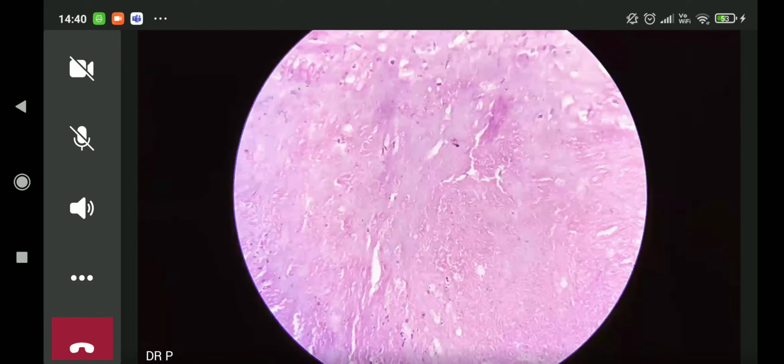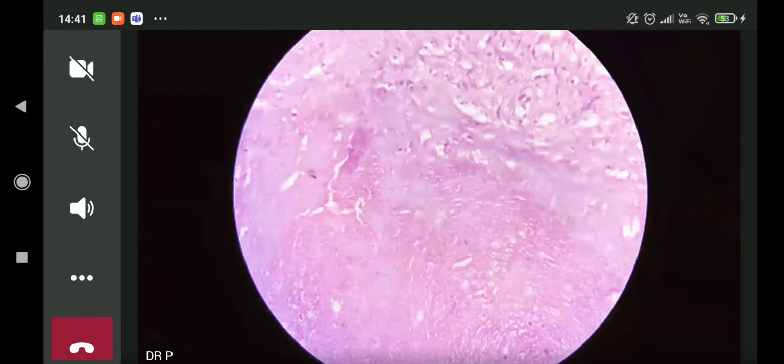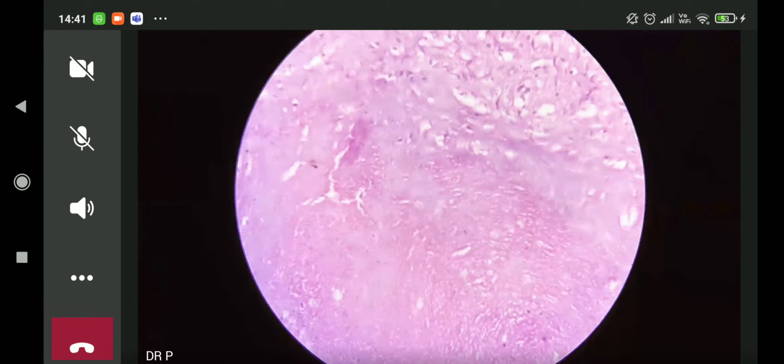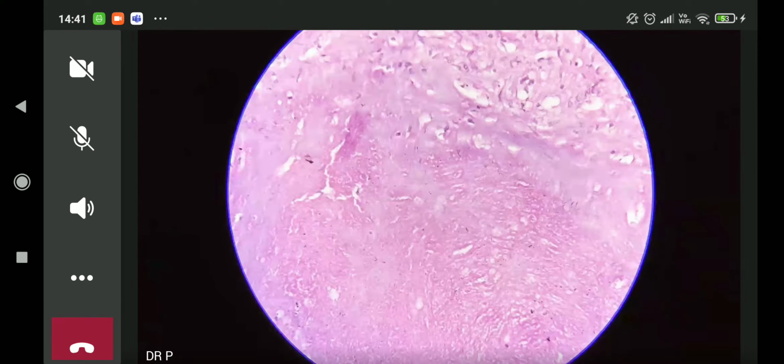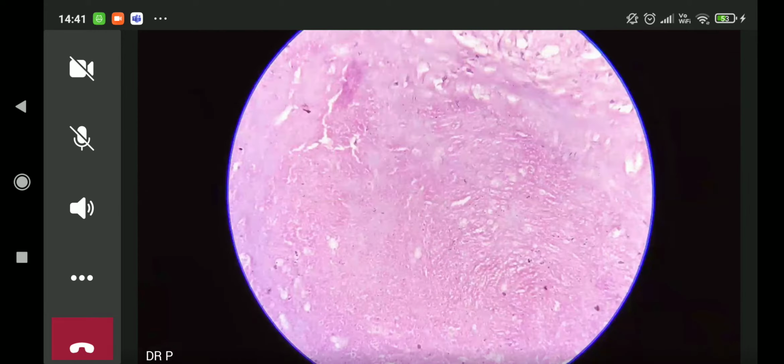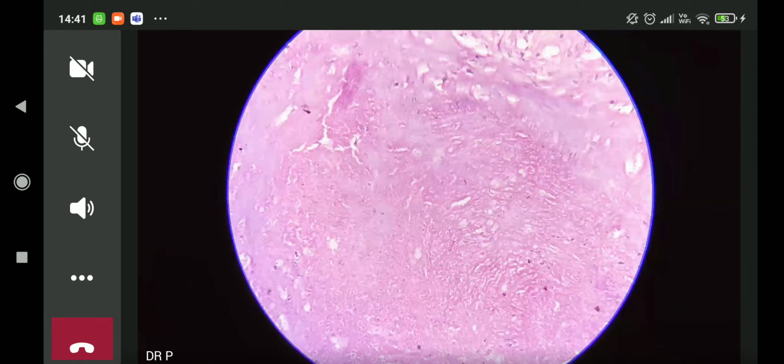Excuse me, ma'am. If you're using the pointer, we can't see it. The entire screen is full of the pathology, my dear. Yes, ma'am, we are not able to see this. You're not able to what? Tell me, don't be afraid. I'm just saying that the pointer isn't working at the moment, so I can't help you with that.